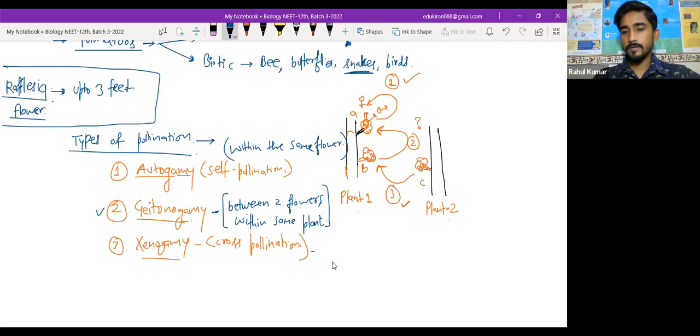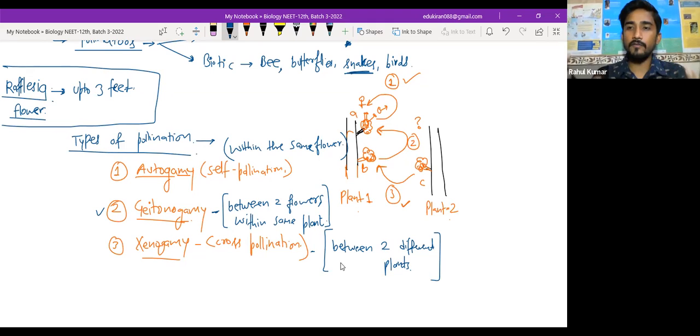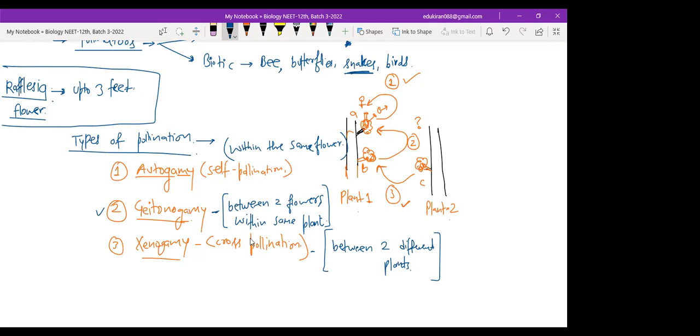So in less number of words, we can say xenogamy is between two different plants. Now, if it is between two different plants, we do not have to worry about the flower. It's simple. Flowers always will be different. Correct? Yes or no? Yes, sir.